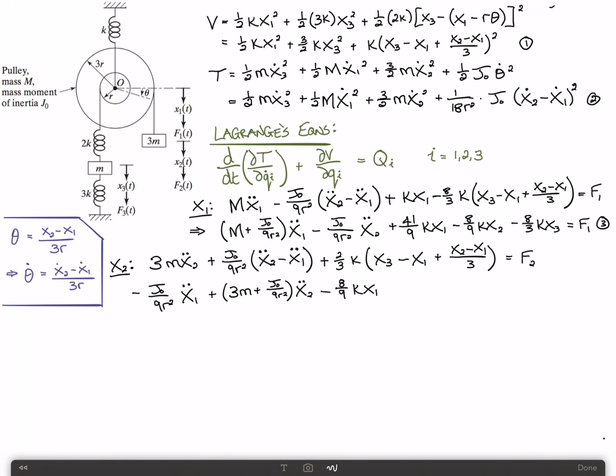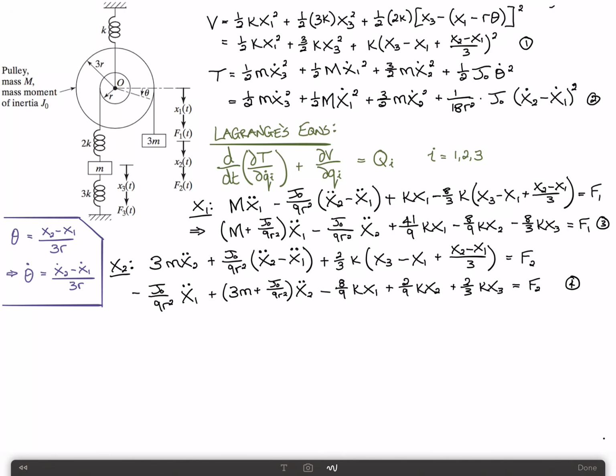Times x2, you've got just 2 times 2 over 9, so it's plus 2 over 9 k x2. And then x3, it's just 2/3, so plus 2/3 k x3, and that is equal to F2, and that is equal to equation 4. We'll number that.